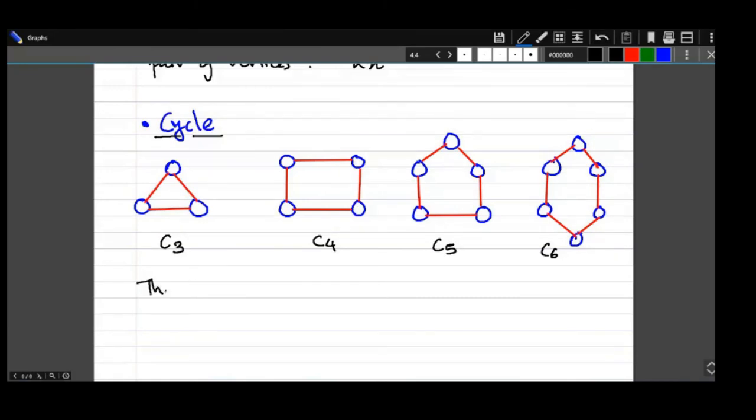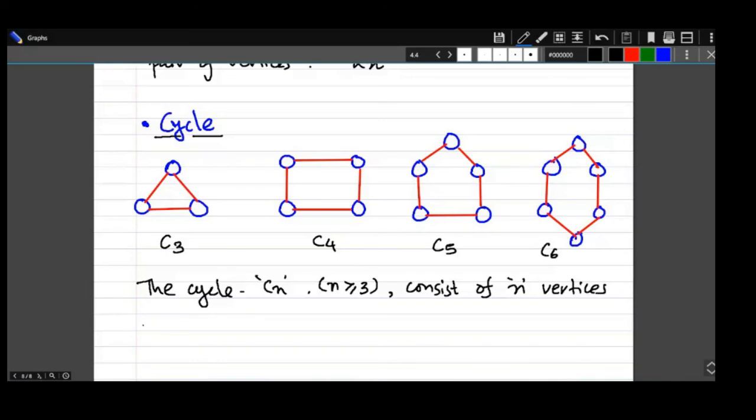Okay, so the cycle, which is Cn, where n is greater than or equal to 3, it must be greater than or equal to 3, otherwise it won't be a cycle. It will consist of n vertices, obviously n vertices.